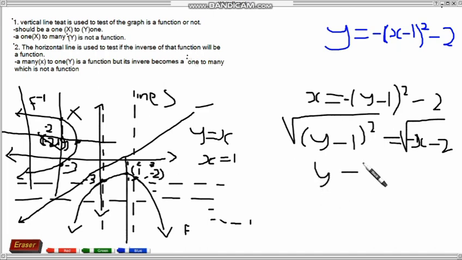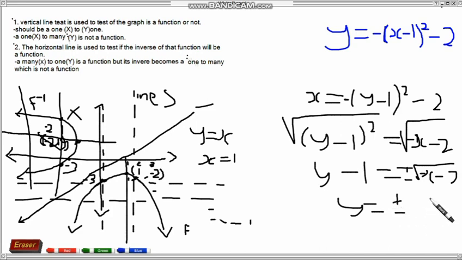Y minus 1 is equal to plus or minus the square root of negative x minus 2. So y is equal to plus or minus the square root of negative x minus 2, plus 1.